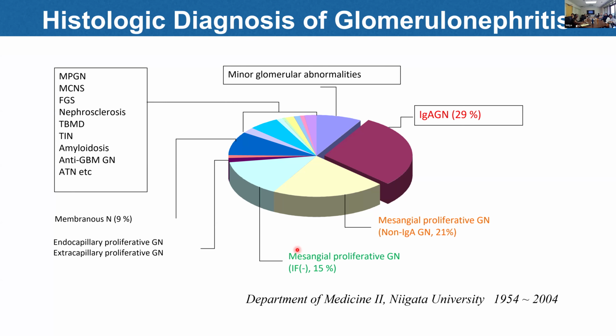Niigata University was the first institution to perform kidney biopsy in Japan, so more than 6,000 specimens are available. Our data from 1954 to 2004 shows that about 30% of glomerulonephritis patients were diagnosed with IgA nephropathy by kidney biopsy. That is the highest percentage among the diagnoses of glomerulonephritis.